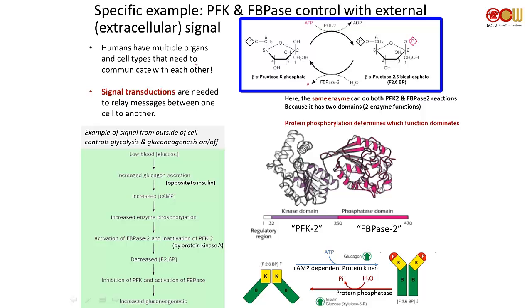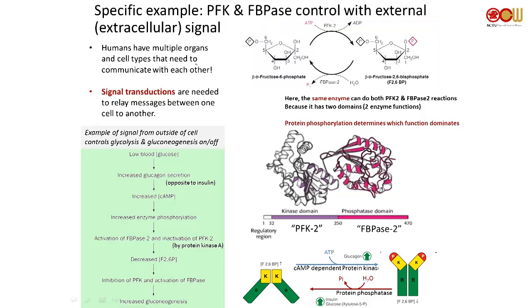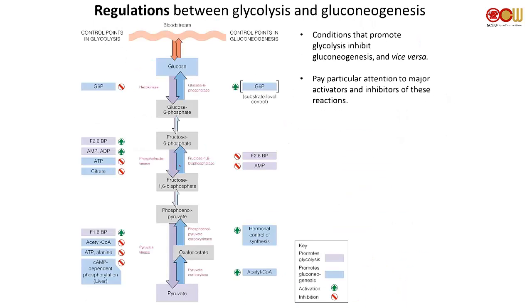Once you do this enzymatic reaction, you produce F26BP, which can in turn regulate PFK1 and FBPase1.